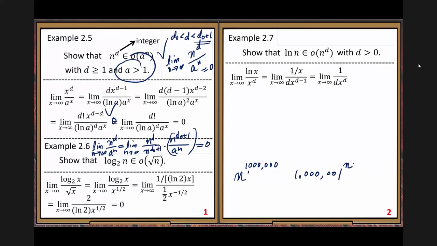So the final fraction goes to 0 when x goes to infinity. The limit is 0. Then we go back to the discrete version. We have the little o, right? We use the discrete special case for the limit result. So we get this little o result.